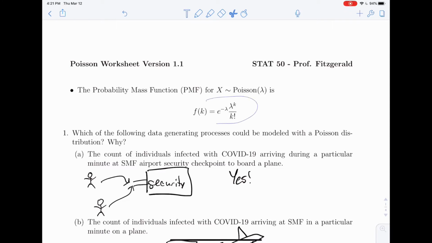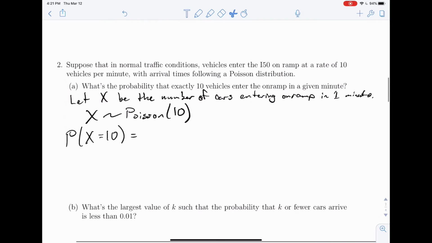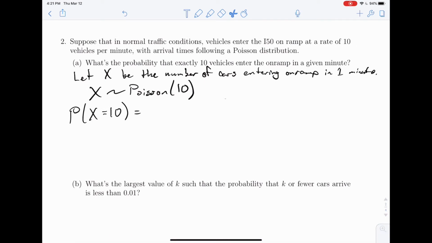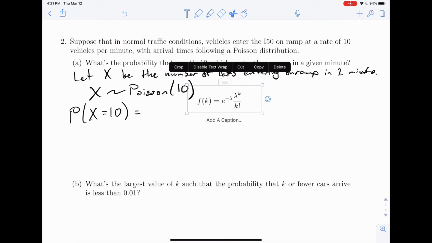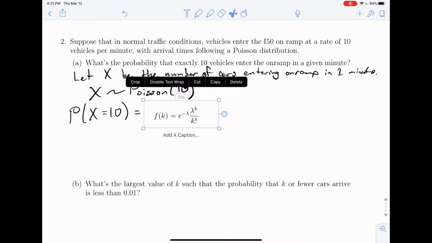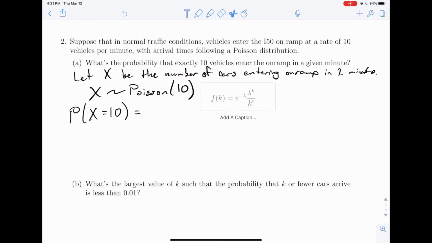Okay, so we'll grab that. For our reference here, we have lambda equals 10 and k equals 10.